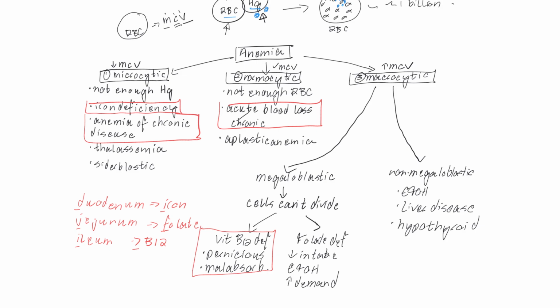So another way of saying that is you're going to see most commonly patients that don't have enough iron or they can't use it. They're losing their red blood cells, or they have some kind of absorption problem. And the absorption problem could be autoimmune, like in pernicious anemia, or some other kind of malabsorption problem of vitamin B12, which we know is absorbed in the ileum.